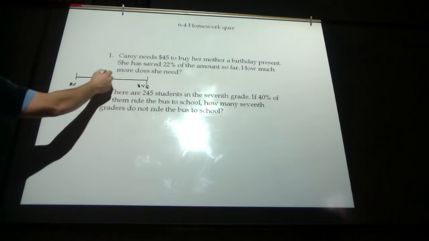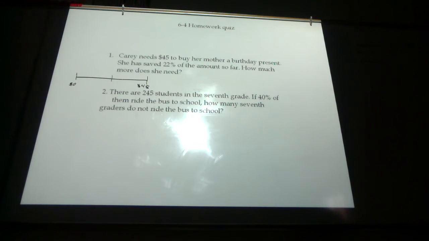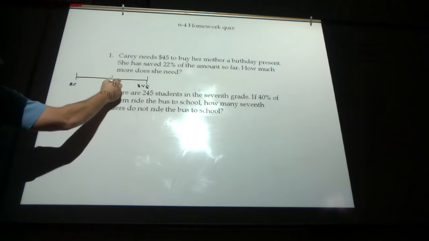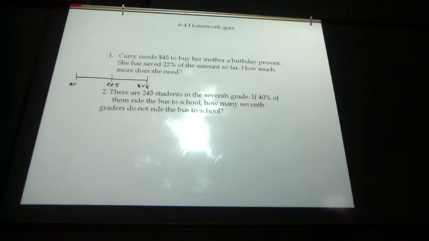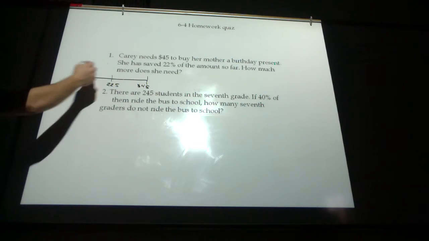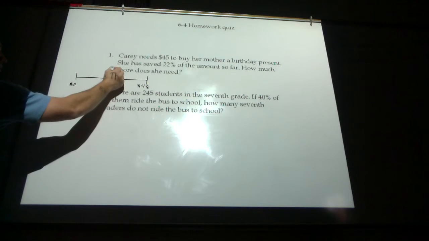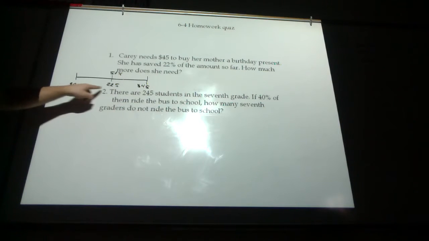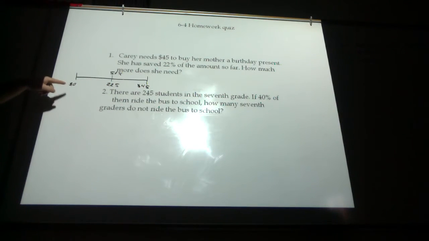So what's the halfway point between 0 and 45? 22 and a half, $22.50. And what does that represent for a percent? It's 50%, because $45 is 100%. So now we can find the halfway point between $22.50 and 0.